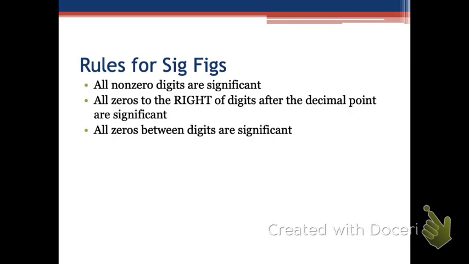Next one. Zeros between digits are significant. That just means it's part of the number. A 0 between digits is like 806. I wouldn't put a 0 in there if it didn't mean something. So how many sig figs do I see here? 3, right? The 0 in between digits is just part of the number.